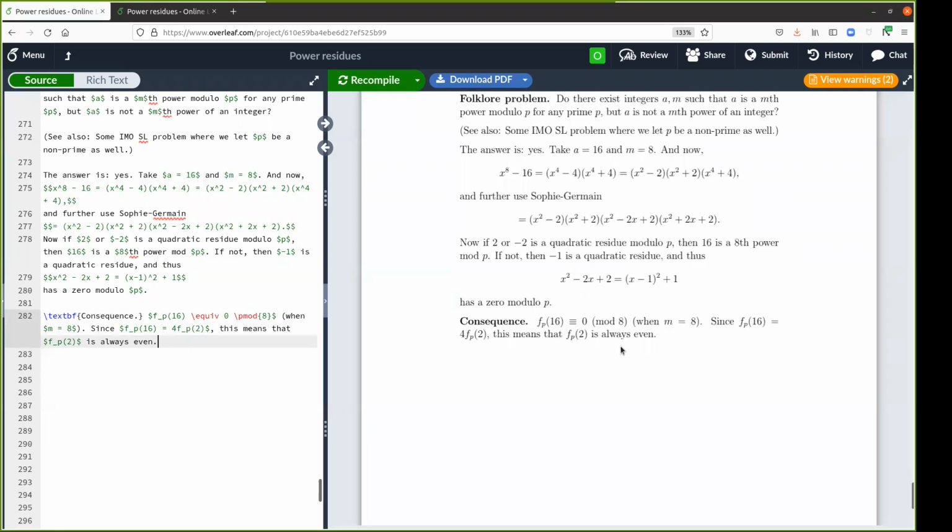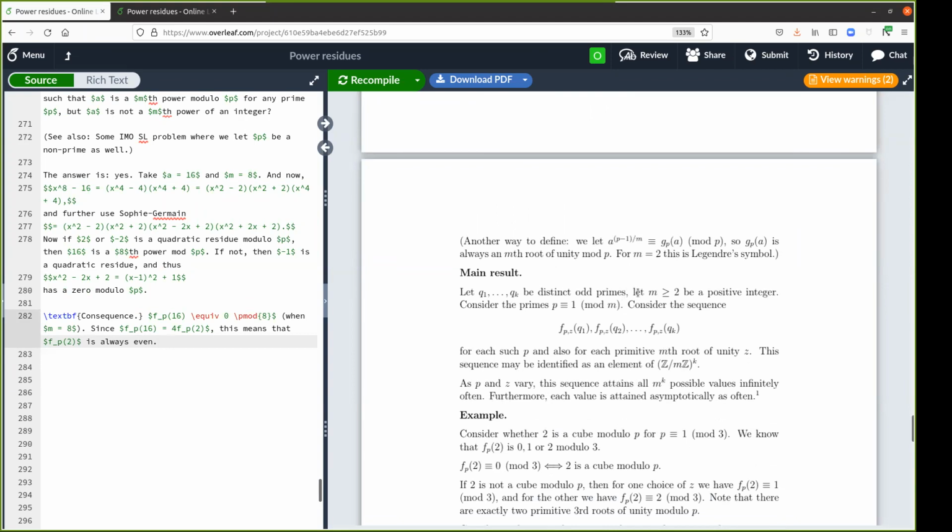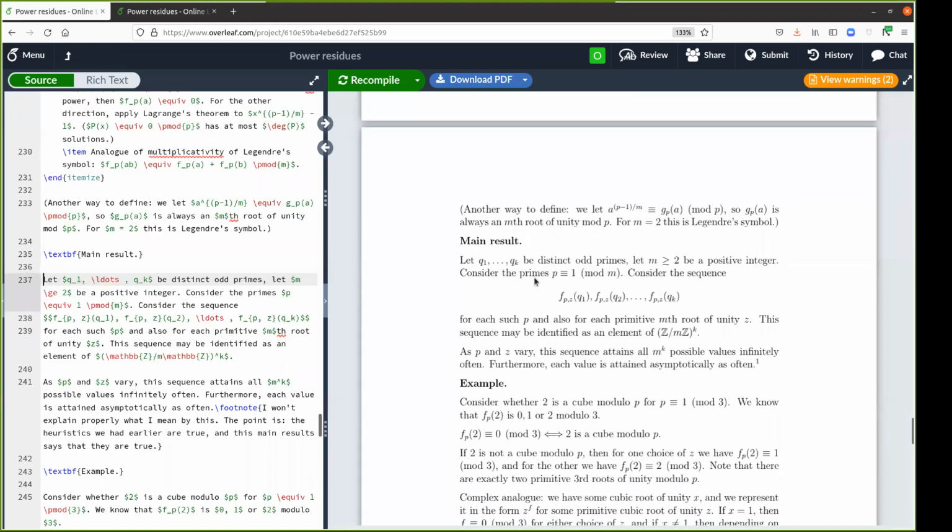And yeah, that's why the main result is not true in this form if we drop the word odd here.